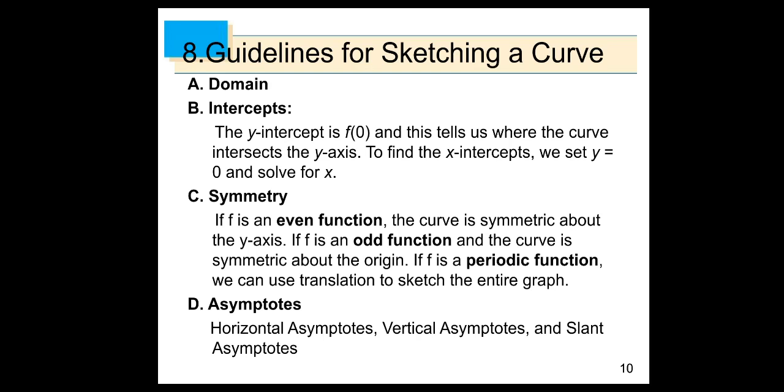Now we have asymptotes. There are different kinds of asymptotes, but first of all we will see what an asymptote is. An asymptote of a curve is a line such that the distance between the curve and the line approaches zero.